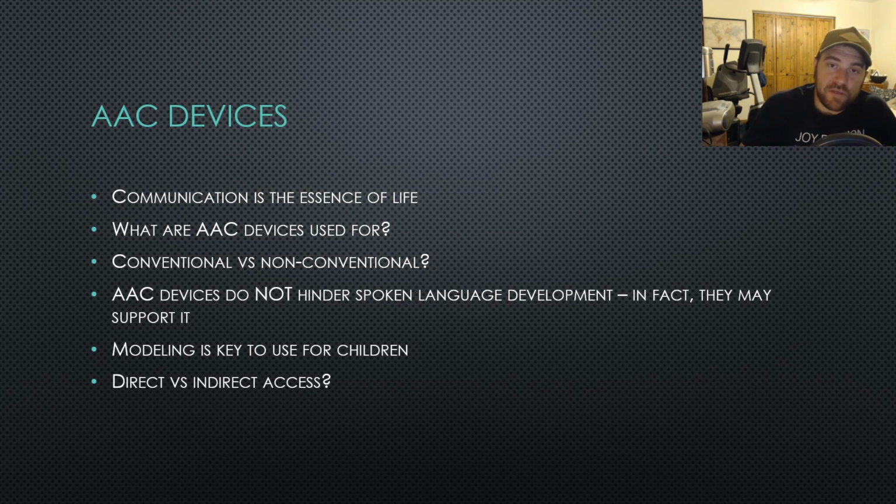Like they want you to hold up a book so they can read it. And that's a very non-conventional way of communicating. It's a special code that's derived just for that communicator and their communication partners. So that is a non-conventional method, non-conventional AAC device.